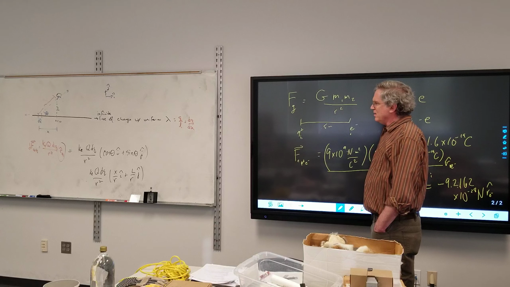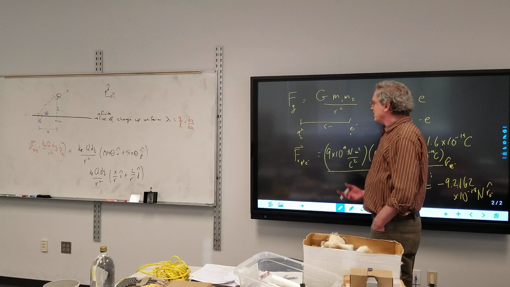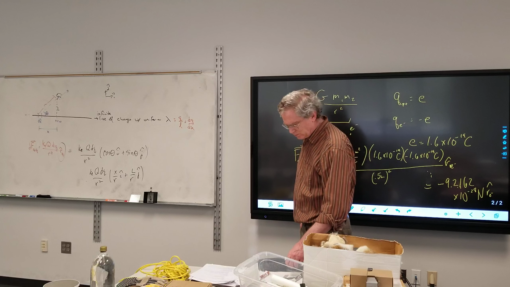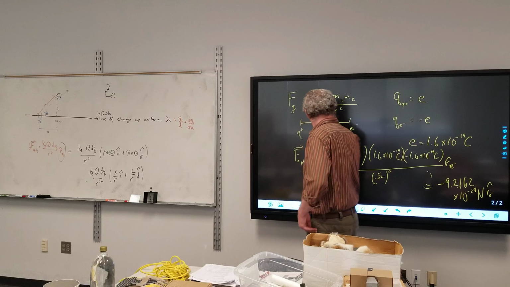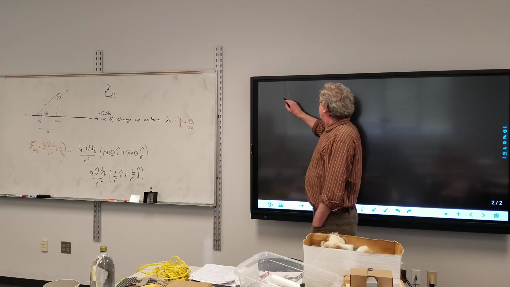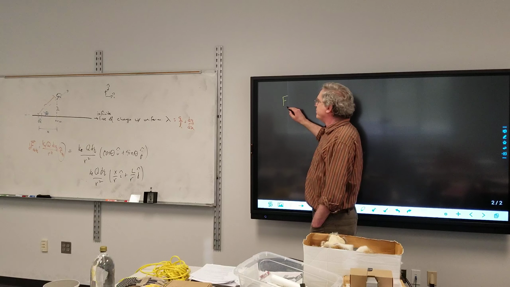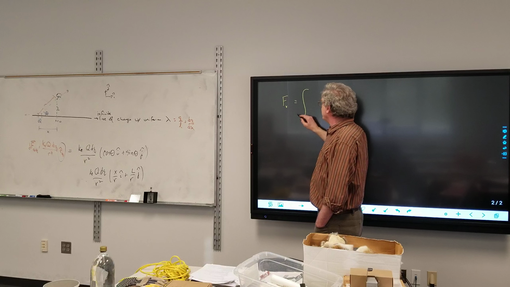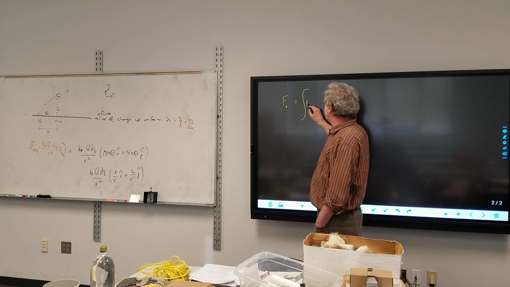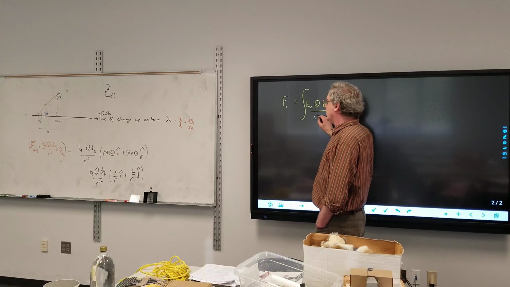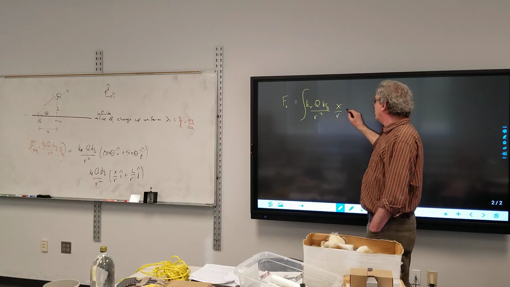So now I've got, well, let's look at the i hat part first. So F_x is going to be equal to the integral of k_e Q dq over r squared times x over r i hat.